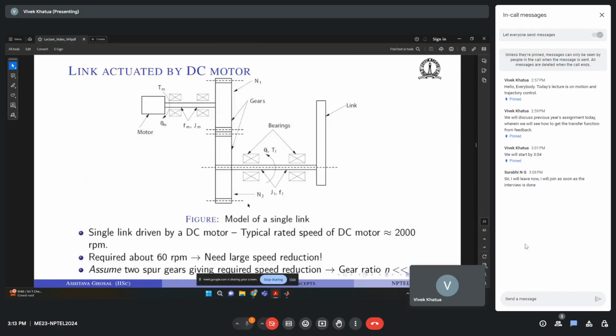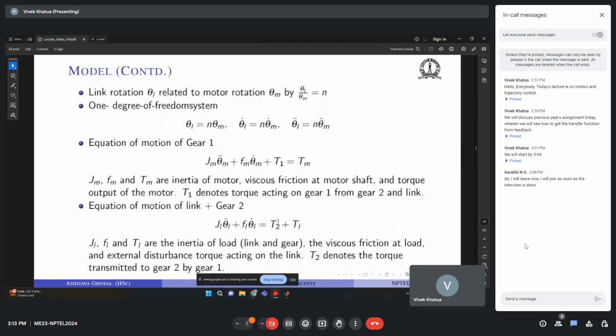Now the theta d is what I'm interested in. For a link, the rotation theta L of that link is related to the motor by some factor. Here you can see this is the gear ratio or something like that.